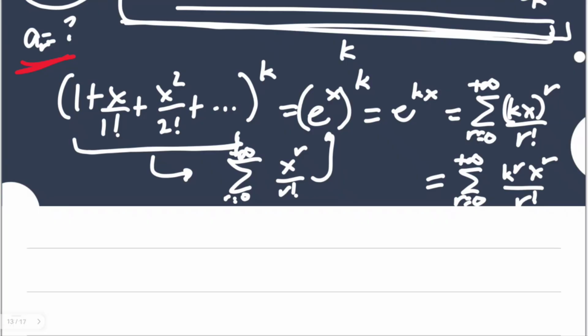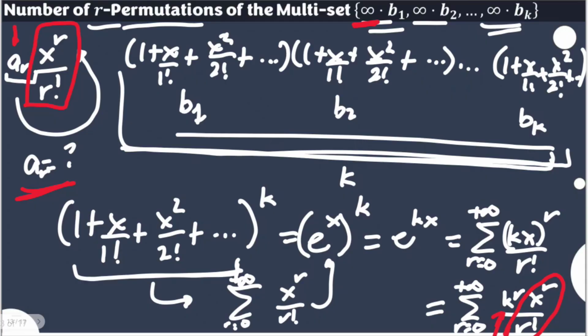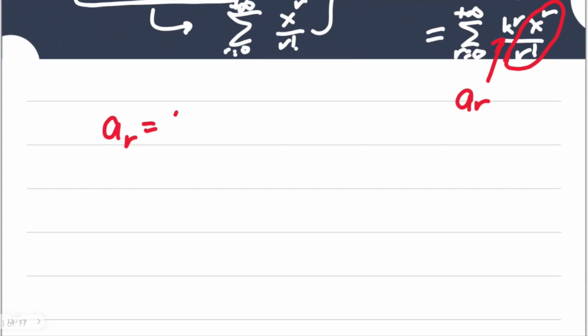Then we already have this notation. So what is this? That's our a sub r. In short, the formula for a sub r in getting r permutations for the given multiset where there are infinitely many duplicates for the distinct objects is equal to k to the power of r.